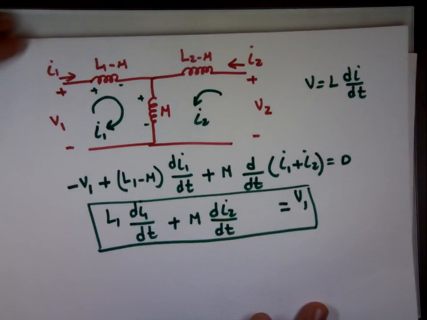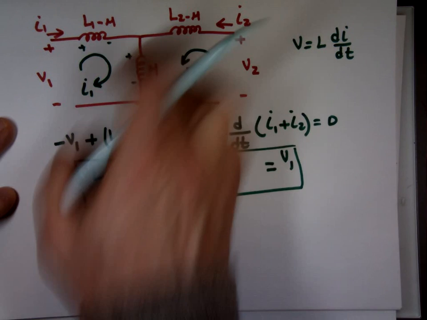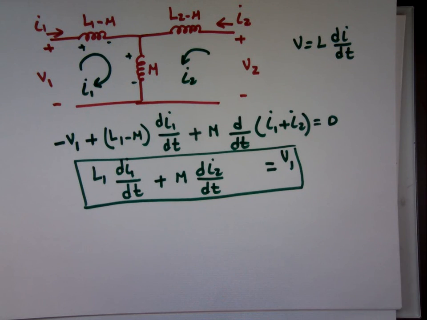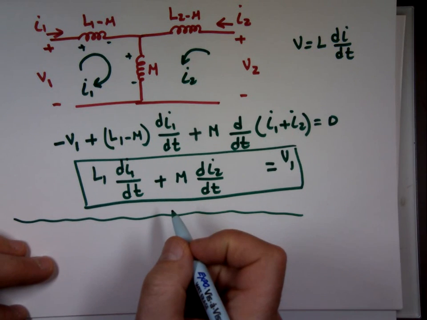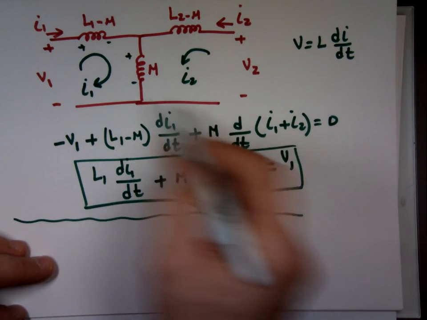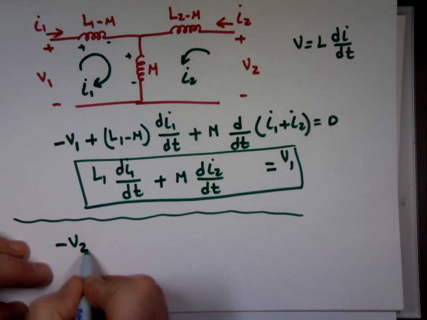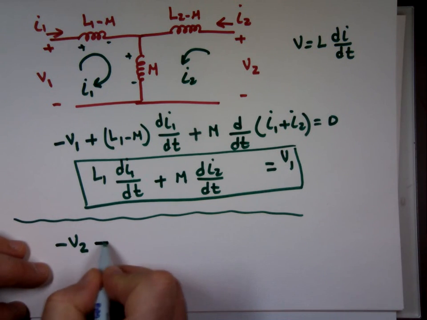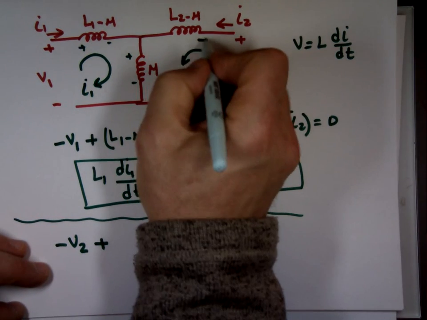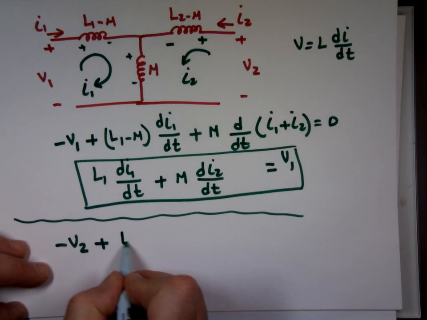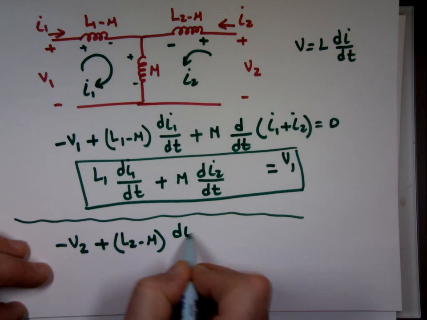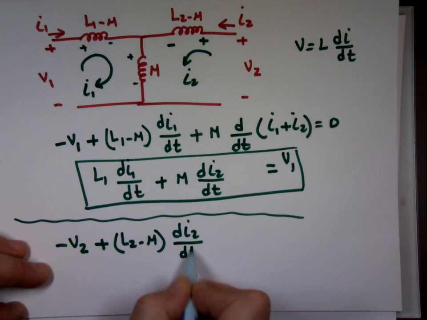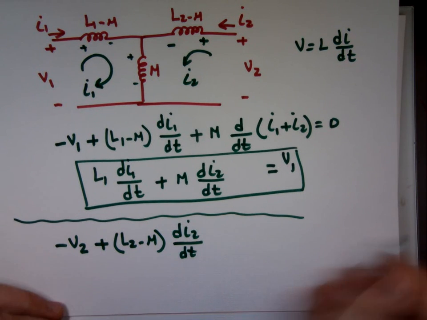Let's do a KVL for this end. What is KVL for that end? Negative V2 plus, I'm traveling this way, it's going to mark it plus to minus, L2 minus M times the current going through, which is di2/dt. Plus the mutual inductance.